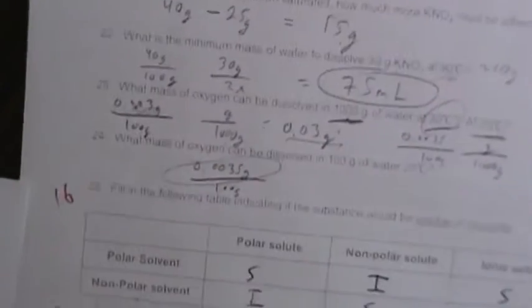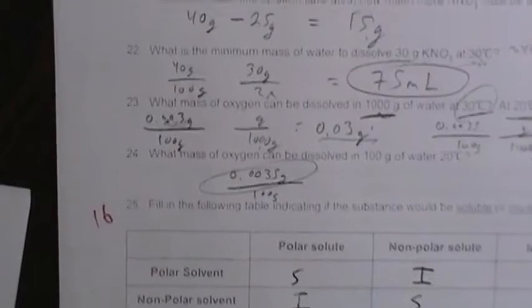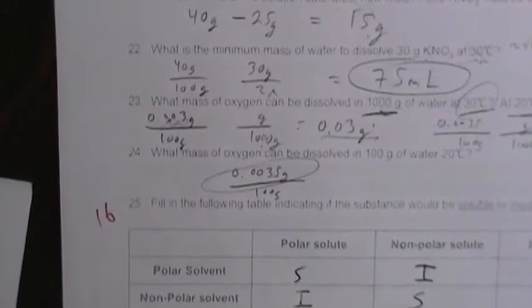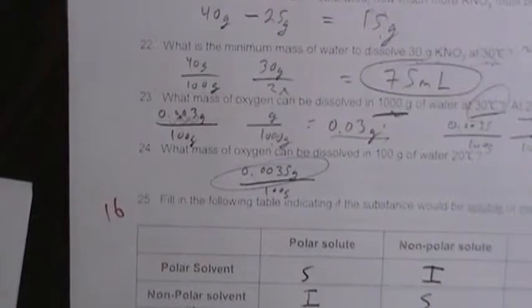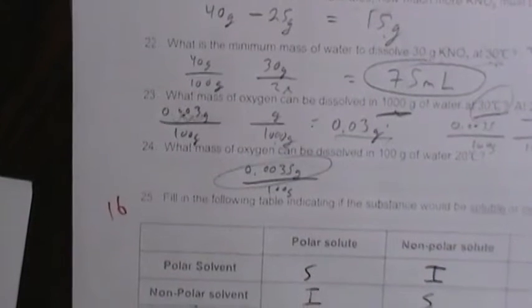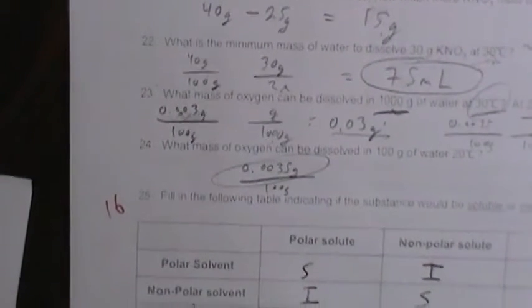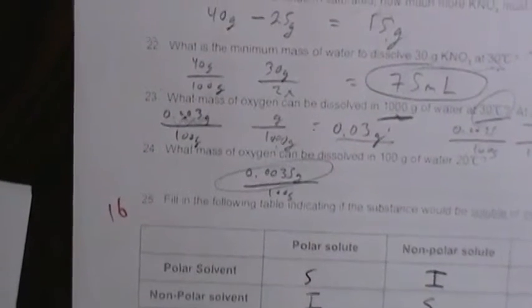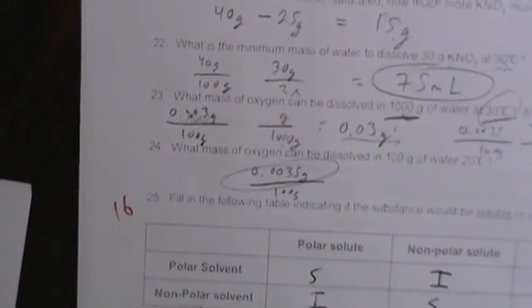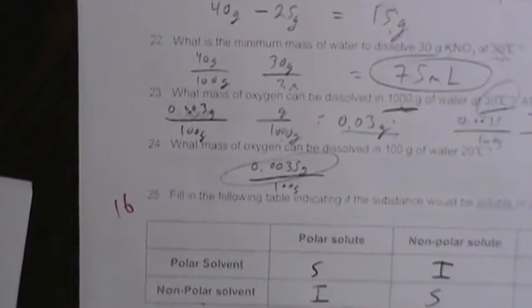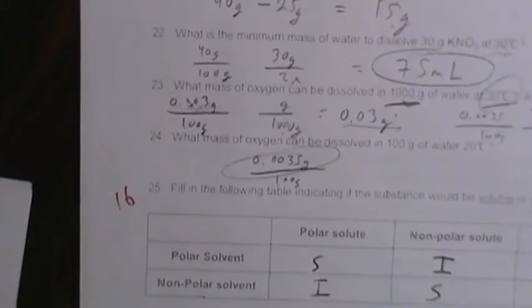Real quick definitions for number 26. An element is the simplest form of matter, which retains all properties of that element. So if you had a block of gold, you could divide, I'm sorry, I'm not on the screen.